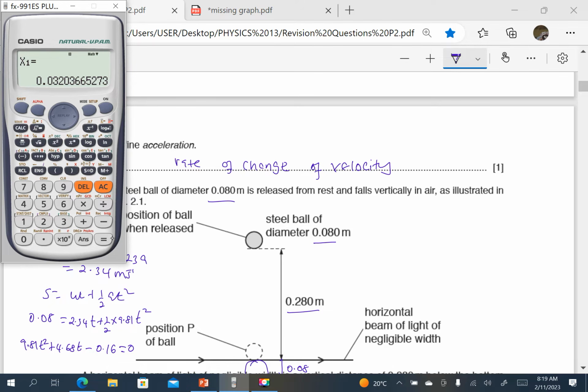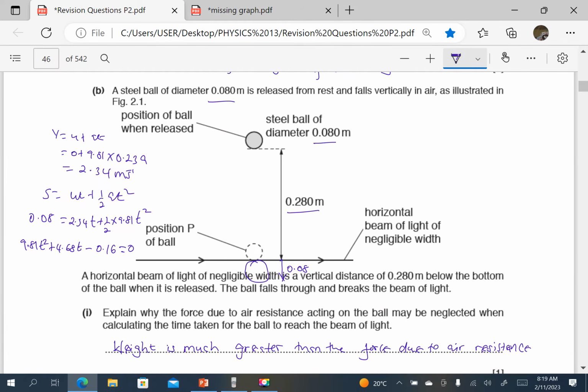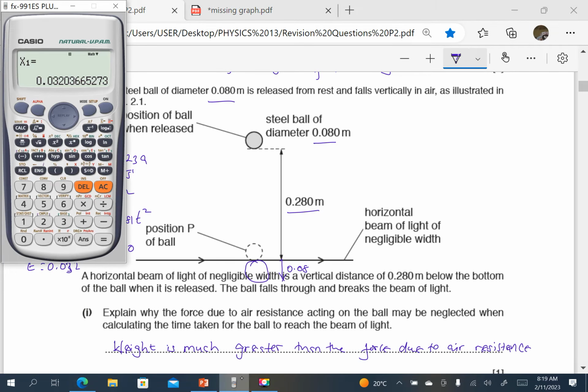So that is 0.032. You are seeing that t is 0.032 when you solve that quadratic equation using a calculator.